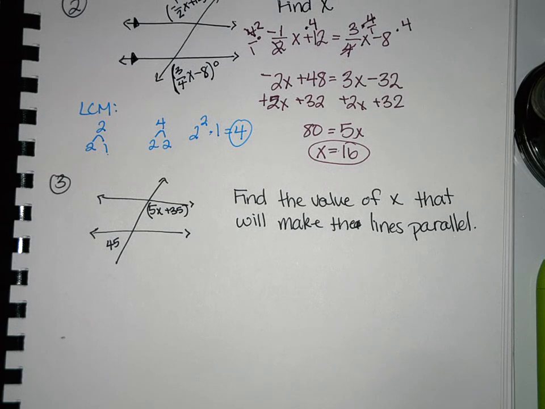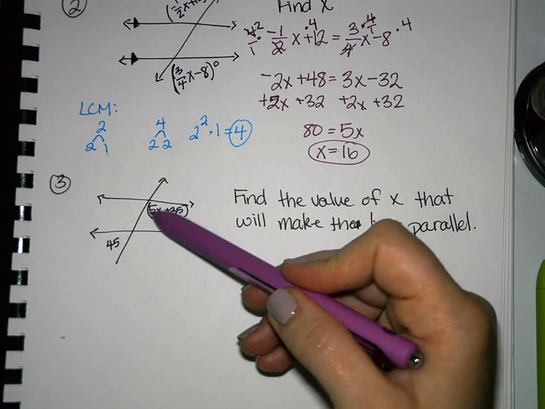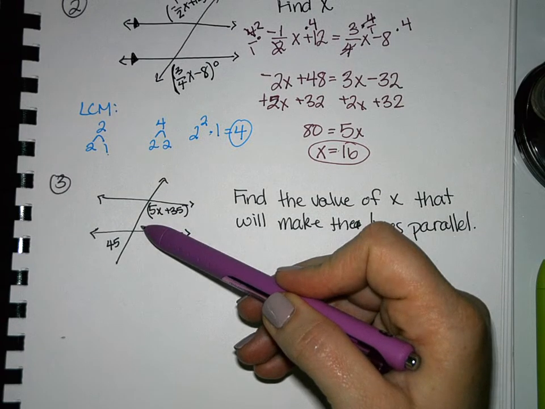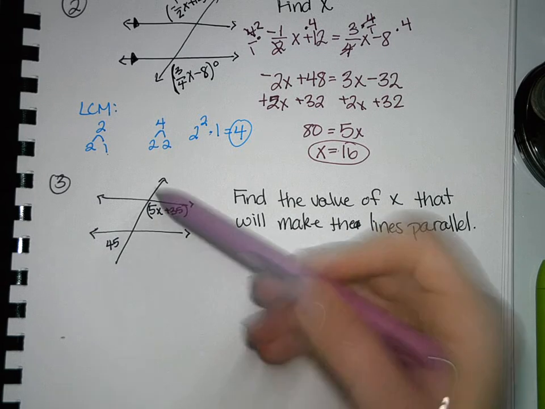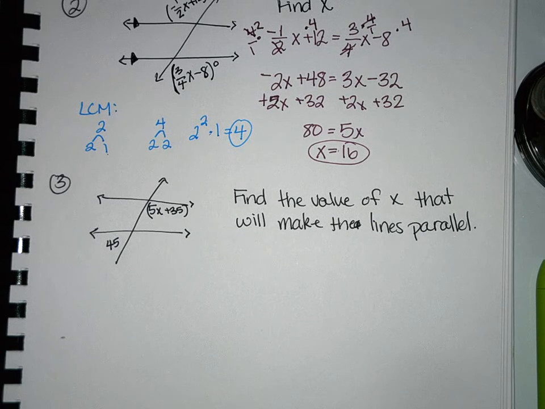Because consecutive interior, we would have had to know this one, and then adjacent, the 45 would have had to be up here. Rosemary? You're right, they can be, but how do you know that? The 45 is corresponding to the angle adjacent to 5x plus 35.